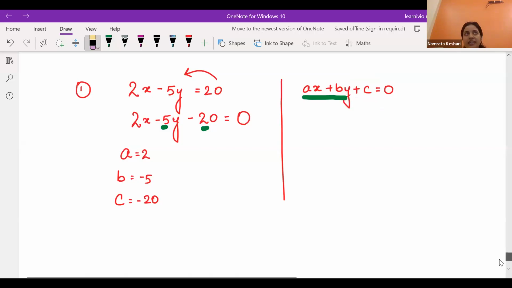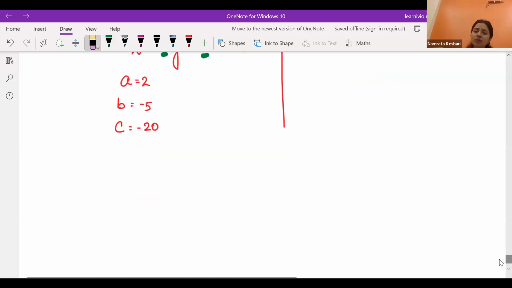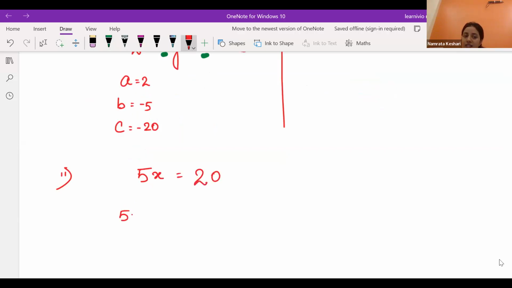Let me take a few more examples which we have already done, just a review, and then we will proceed. We also encountered this type of question: 5x is here and then just 20 on the other side. The instruction is the same: write the given equation in the standard form of a linear equation in two variables.